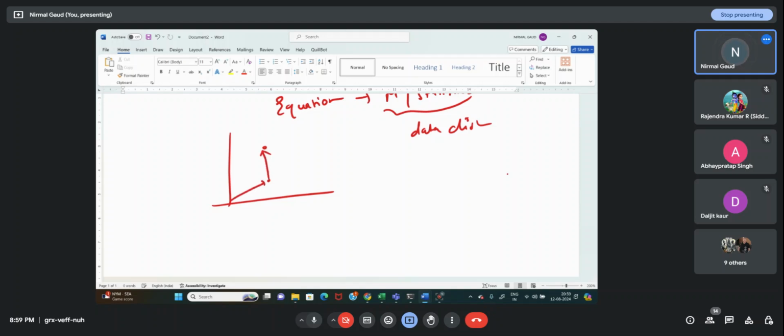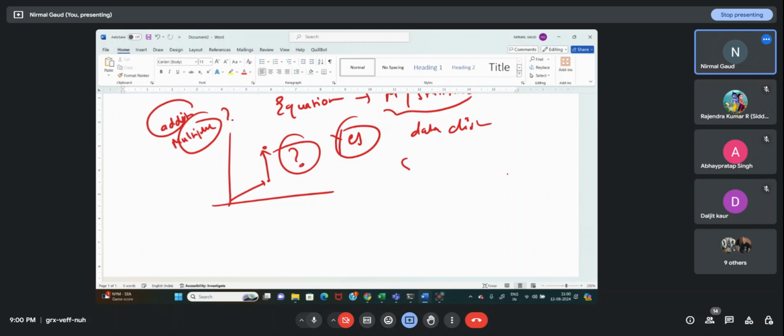That is the question. How will I identify the pattern in the data? The thing is, can I reach the point, and can this be performed by addition? Can this be performed by multiplication of the vectors? Is it possible? If yes, okay, we can use the concept of span.